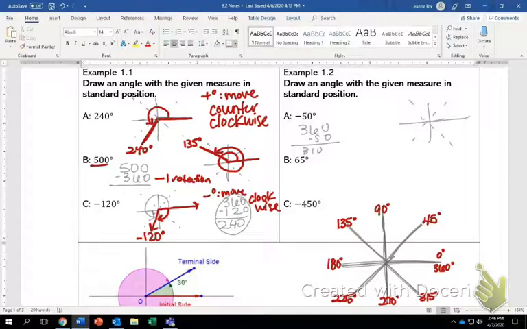So 310 is just shy of this 315 mark. So I know that my initial side always starts here, and 310 is going to be right around here, and I am moving clockwise because it is a negative degree. So I'm moving this way, and that is all we're doing for this.